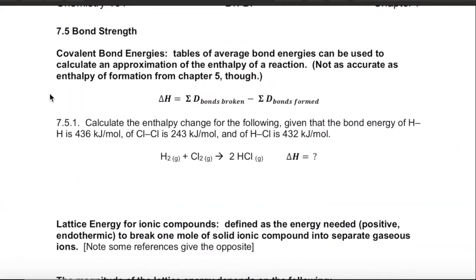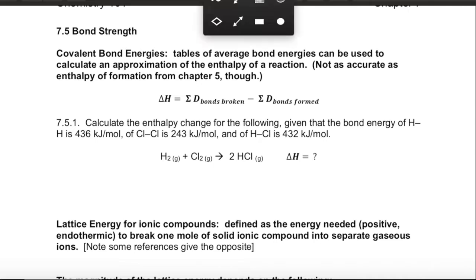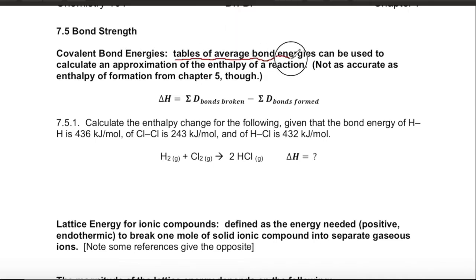Section 7.5 starts off talking about how covalent bond energies can be used to calculate the approximate enthalpy of a reaction, a chemical transformation. We have to put energy into breaking bonds, but then when bonds get formed, we get energy back out. And the amount of energy per bond, we have a table of average bond energies.